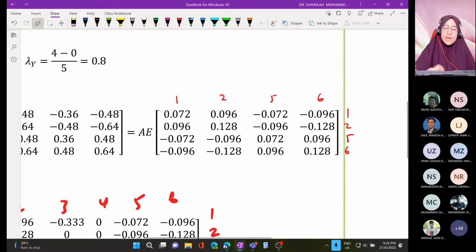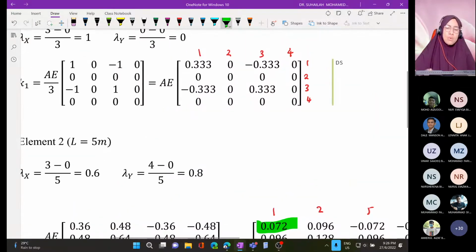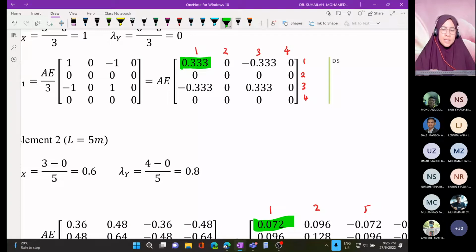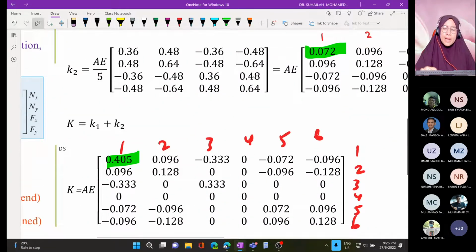So 1 1 dekat sini is 0.072, 1 1 dekat sini is 0.333. So we add these two, we get 0.405.